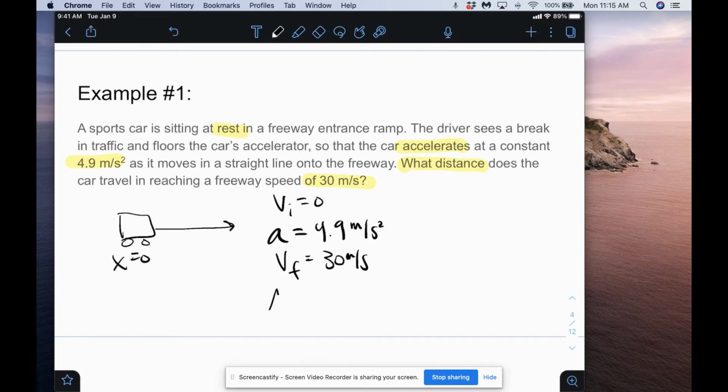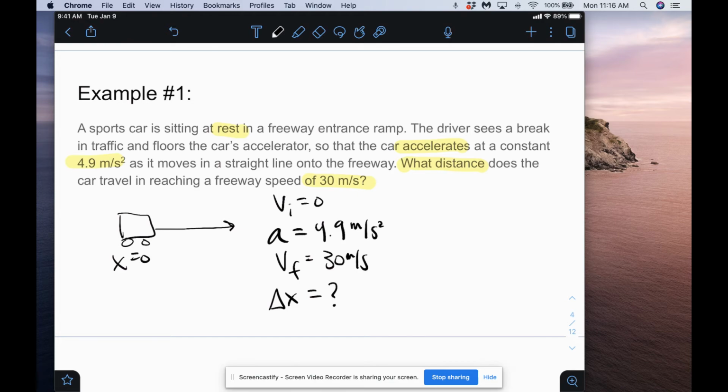So that will be delta x in terms of symbols. And I like to write delta x equals question mark because that reminds me what I'm actually solving for. We have so many variables, and sometimes it's hard to remember what we're even solving for. And that's step 6 in our how to solve a physics problem: ask yourself, what am I solving for? Here I'm solving for distance or displacement, which is our delta x, our change in position.